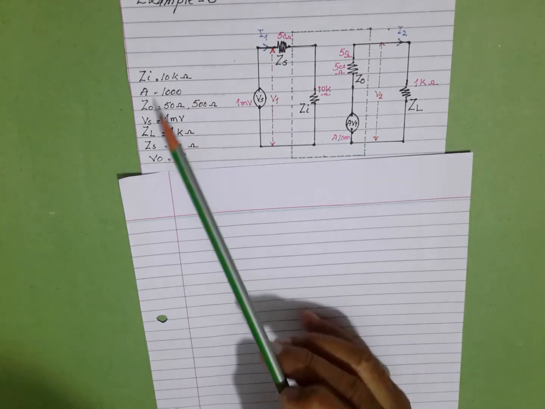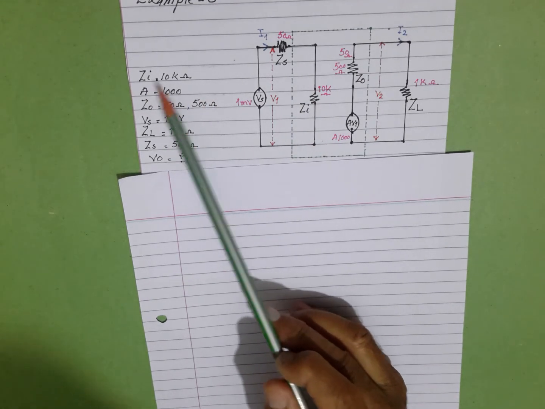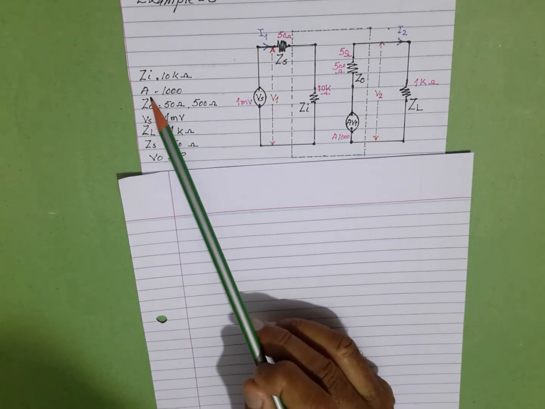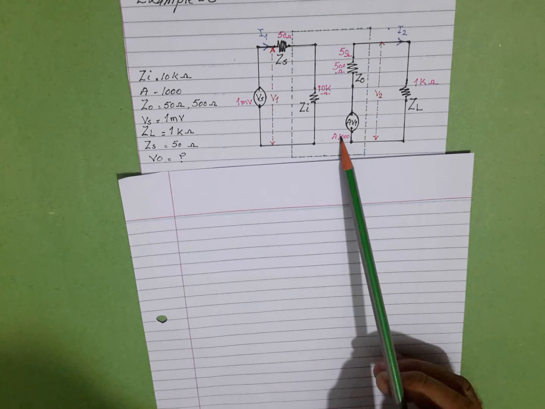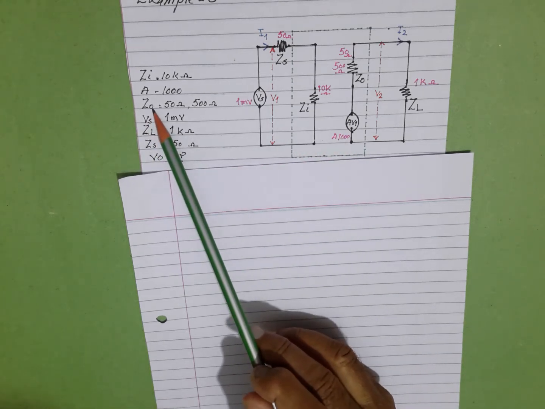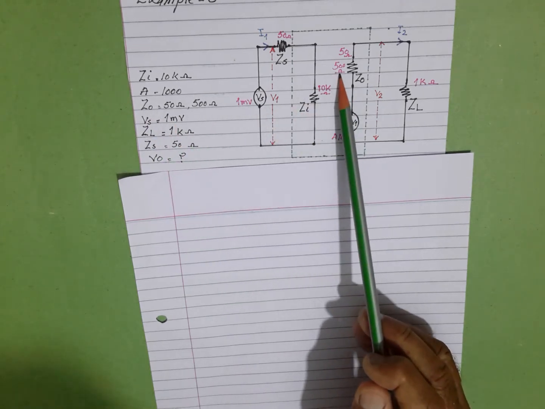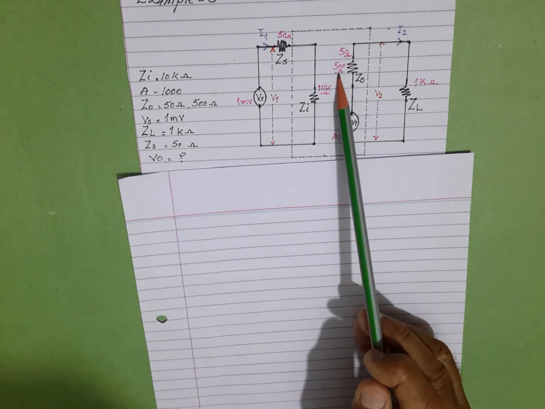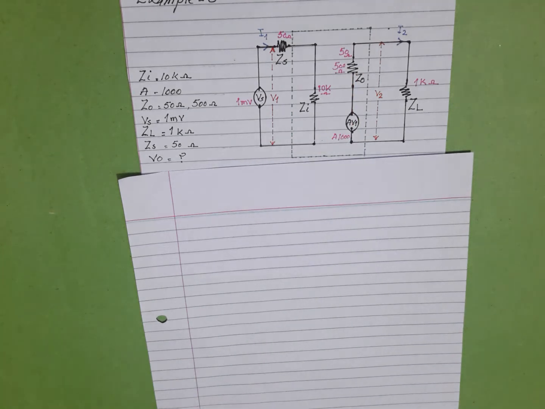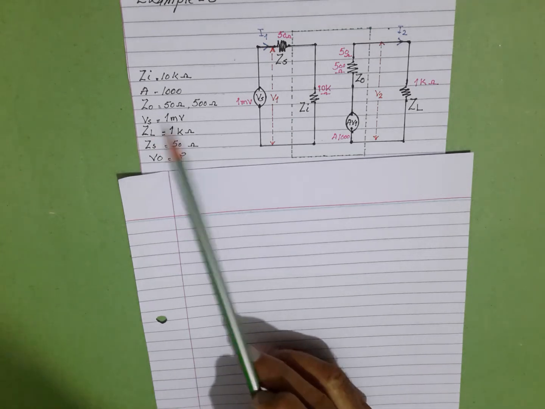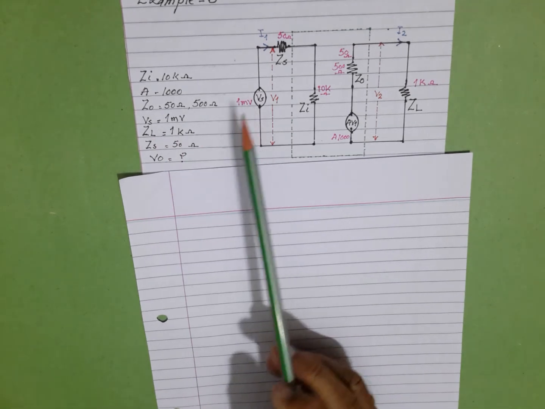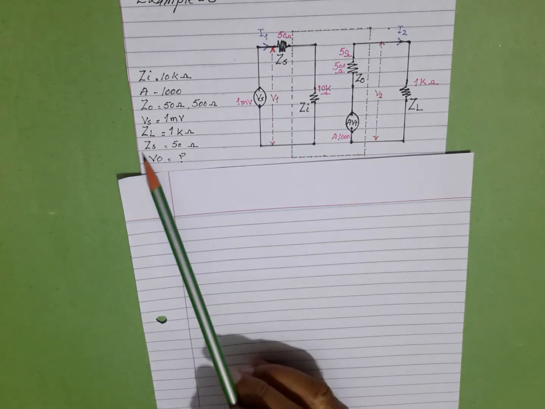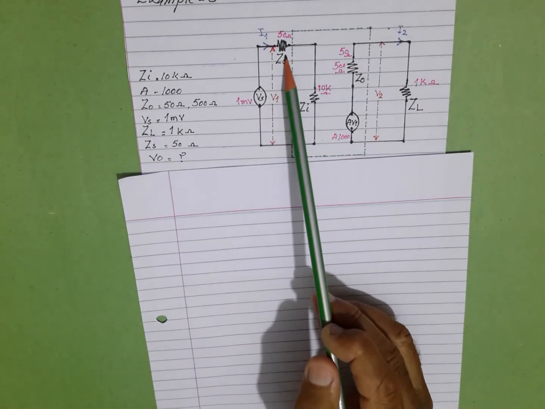Zi, the input impedance, is 10 kilo ohm, A is given as 1000, ZO is 50 ohms, then increased to 500 ohms. Vs is 1 millivolt, ZL is 1 kilo ohm, Zs is 50 ohms.